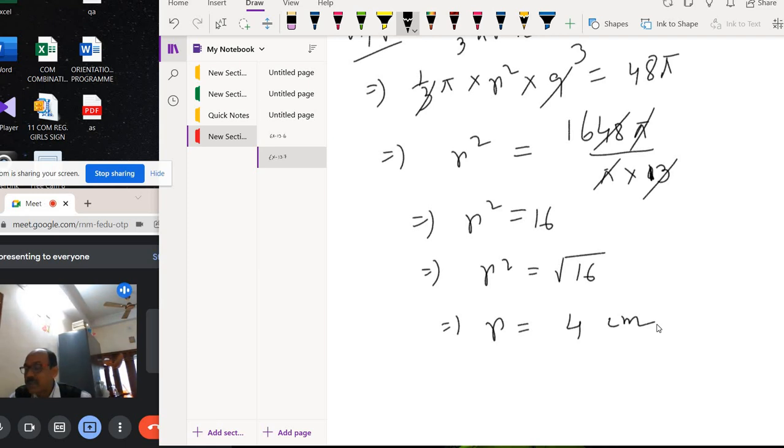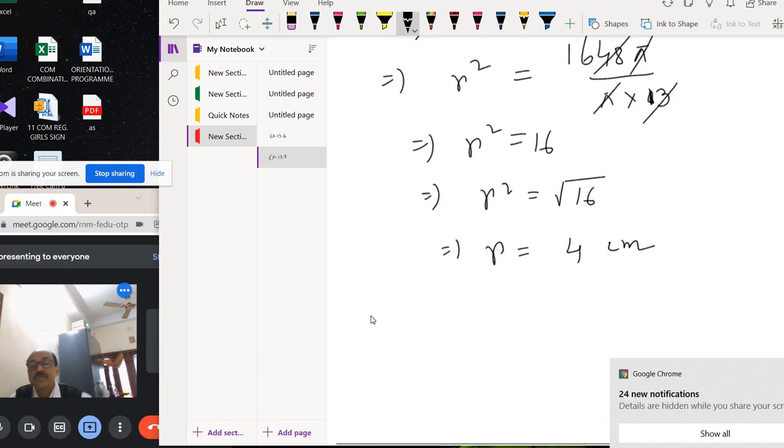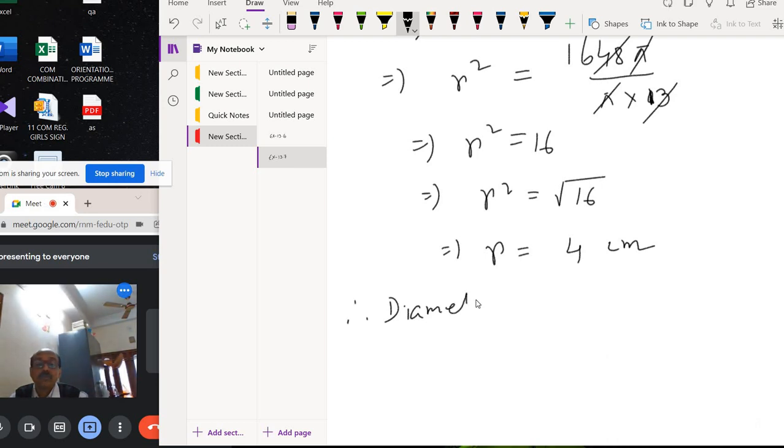Now the question is: find the diameter of its base. Therefore diameter of the base equal to 2r.